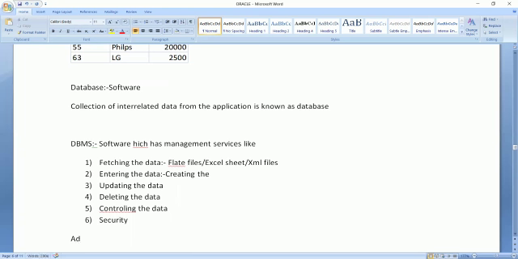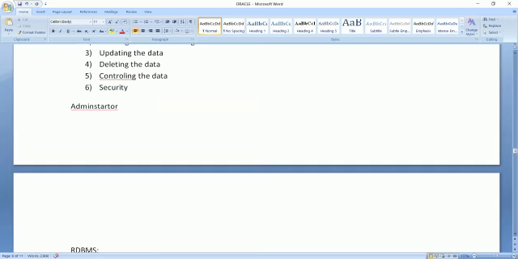One is admin, you can work as administrator. The other one is developer. And in developer, you have roles like junior developer, senior developer, consultant, architect.